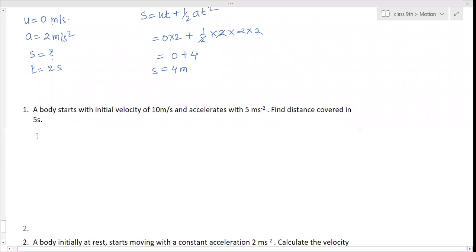Madhushri, can you tell me what are the values given in this question? Unmute your mic. Madhushri, faster.